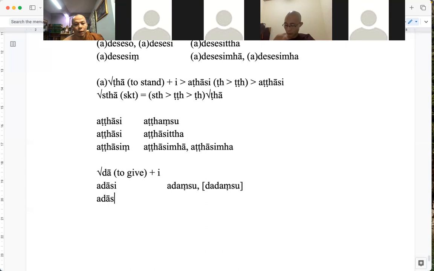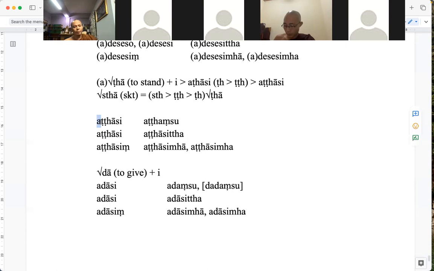So, and then adasi, adaseta, and adasame, adasema. Here, the point I want you to understand is that for the regular forms, the insertion is temporary and optionally inserted in some forms, right? In some forms, not.